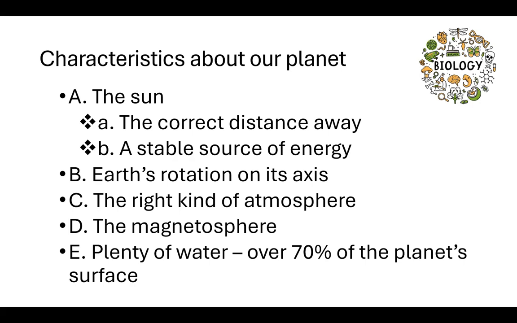This magnetic field is called the magnetosphere. It is important because it shields us from the erosion of our atmosphere by the solar wind, which are charged particles that the sun is continually letting go in our direction.